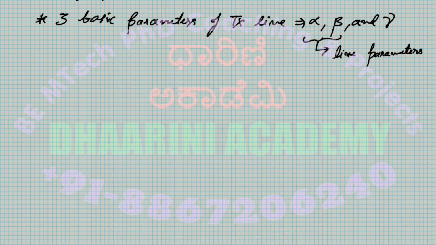I'm taking this concept directly from electromagnetic waves. The same thing we can use here because we are still in electromagnetic waves, but related to certain types of conductors. Alpha was measured in nepers or decibels, so here alpha is measured in nepers per meter, or you can even write decibels per meter.